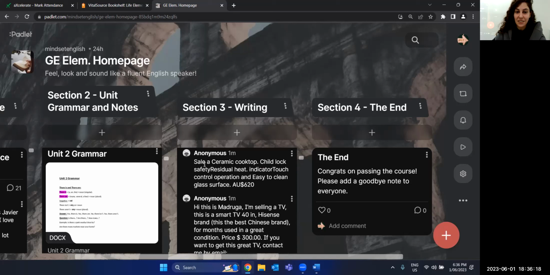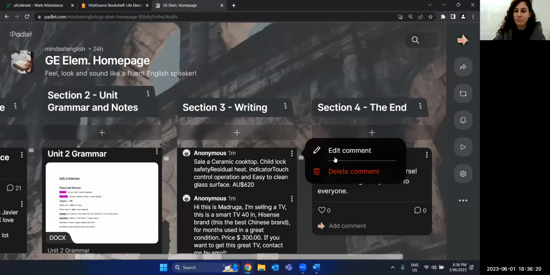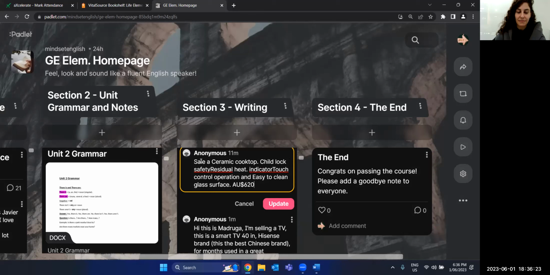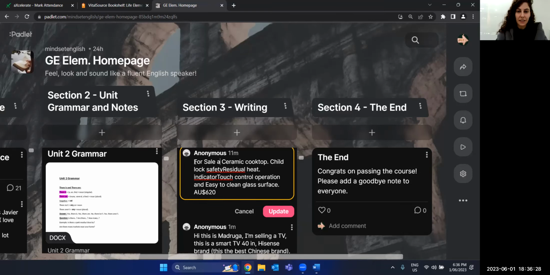Okay. Sale. A ceramic cooktop. Good for the kitchen. So for sale, a ceramic cooktop. If you want, you can start with a ceramic cooktop for sale, or you can put the for sale in the beginning. Child lock, safety, and residual heat indicator, touch control operation.